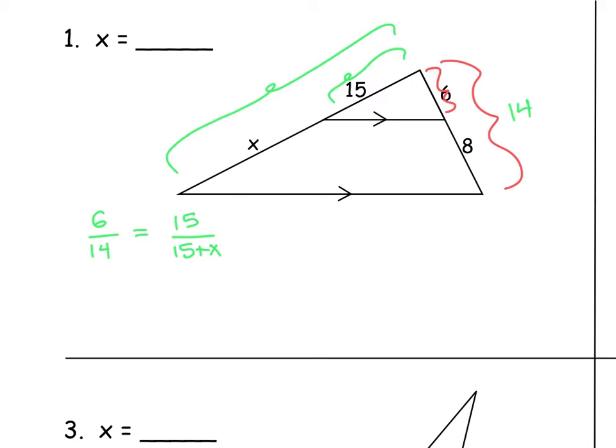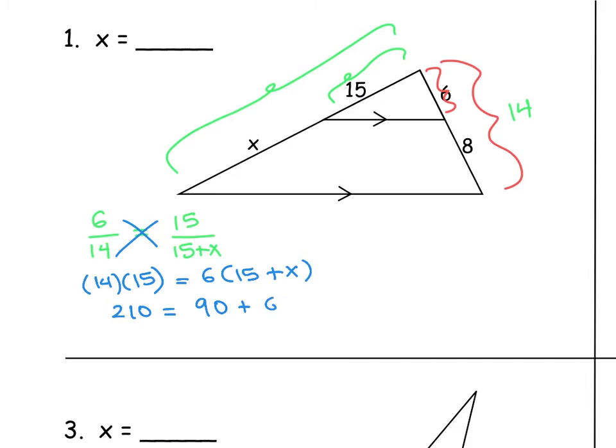Now to solve this, you can cross multiply. So 14 times 15 is equal to 6 times 15 plus x. So 14 times 15 is 210 equals 6 times 15, which is 90 plus 6x.